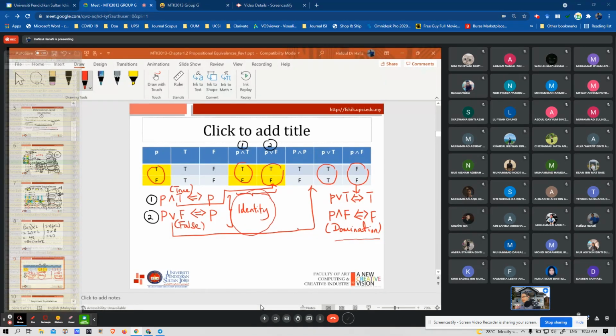Okay, for the identity, is the property of one that says a number multiplied by one keeps its identity. Identity must be same. Okay, for example here, if you can see, this one is true. True keeps the identity, 1 and 2 same for the premise. Also goes to F, false. Okay, same for the identity.